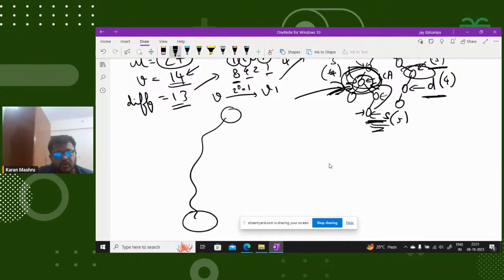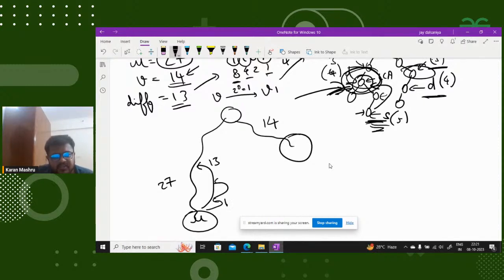From root, U is somewhere here at level 27 and V is somewhere here at level 14. So I need U to jump 13 steps. I'll make one jump of 1 step, another jump of 4 steps and another jump of 8 steps, because the difference in the level is 13. In binary it can be represented like this.